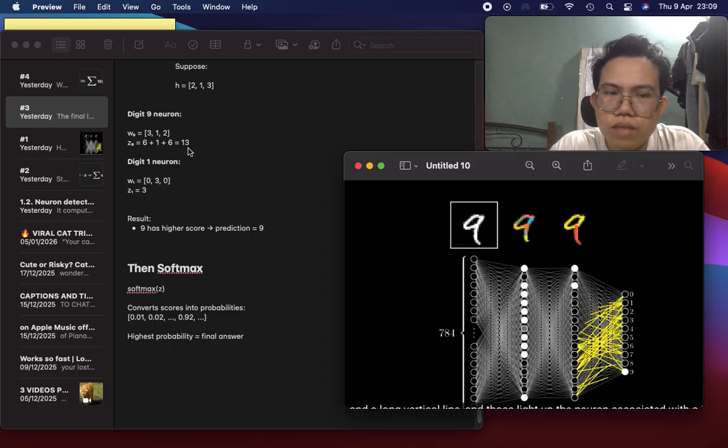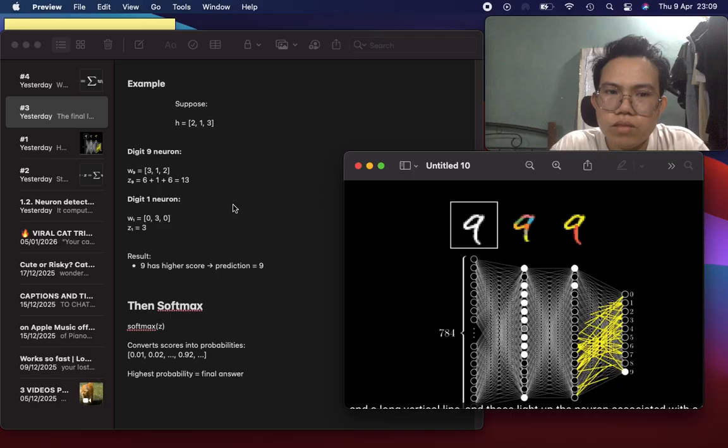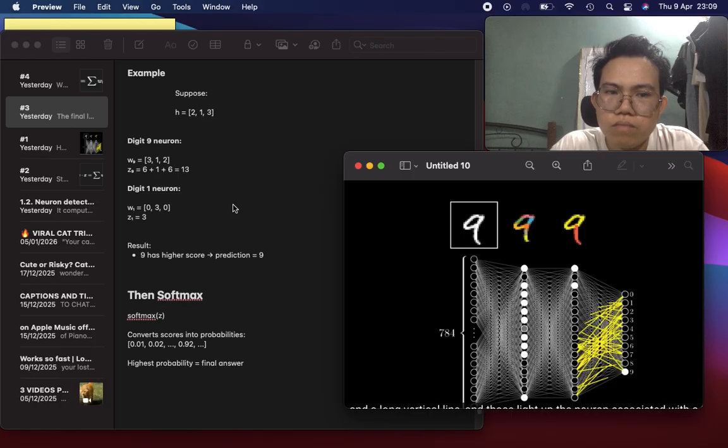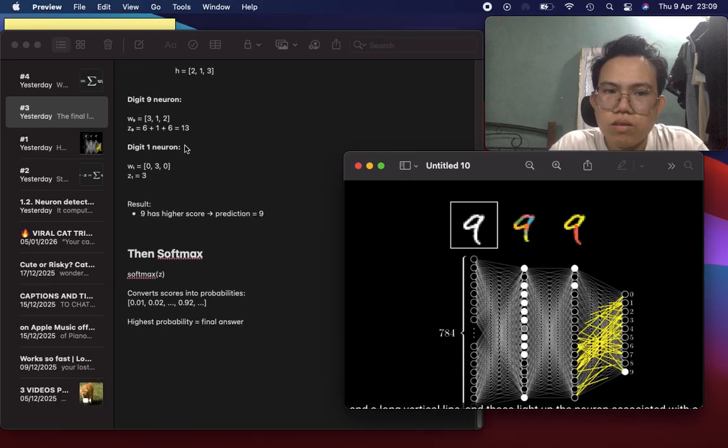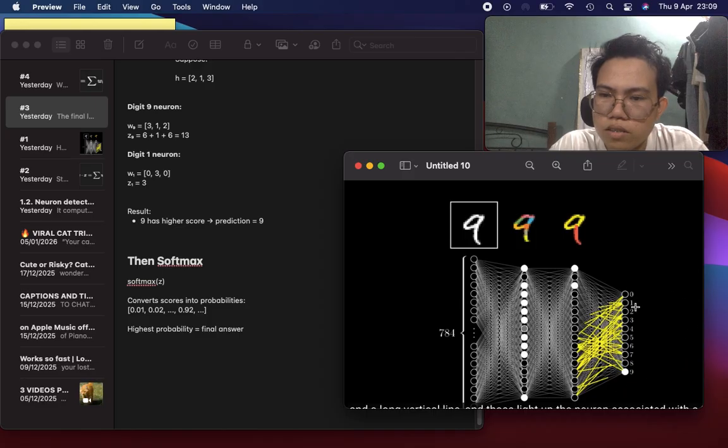To calculate it using the weighted sum: 3 times 2 is 6, 1 times 1 is 1, 2 times 3 is 6. So it's a positive contribution. And digit 1 expects low, high, and low, but the input features here are 2, 1, 3, which is high, low, high. It matches the 9.